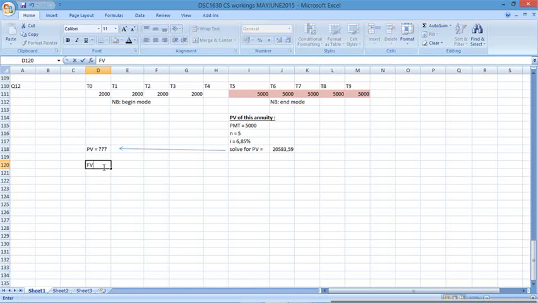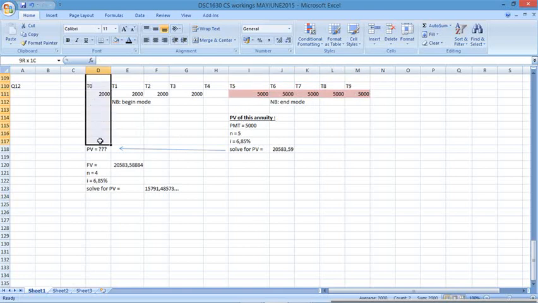So my future value is going to be that, and that's going to be my present value. Now I know what the present value is of this annuity today. There's one of my answers.